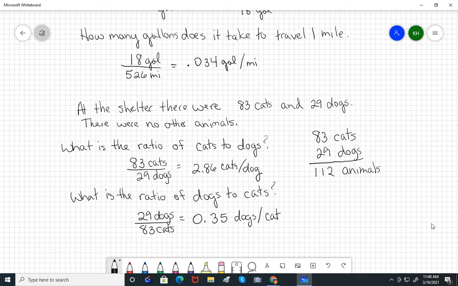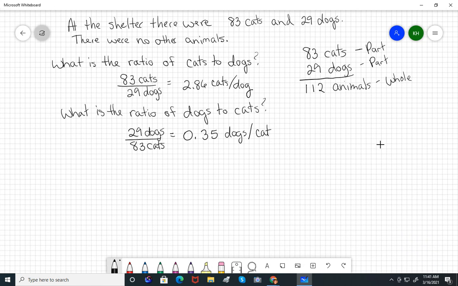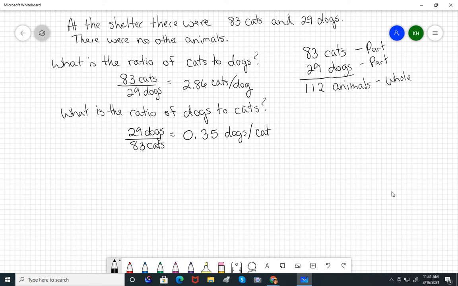Now, in thinking of terms of percents, you can think of this as being a part. You can think of this being a part. You can think of this being a whole. We wouldn't talk about 29 as a percentage of 83 or 83 as a percentage of 29 because they're two separate parts. But we can talk about other ratios as percents.